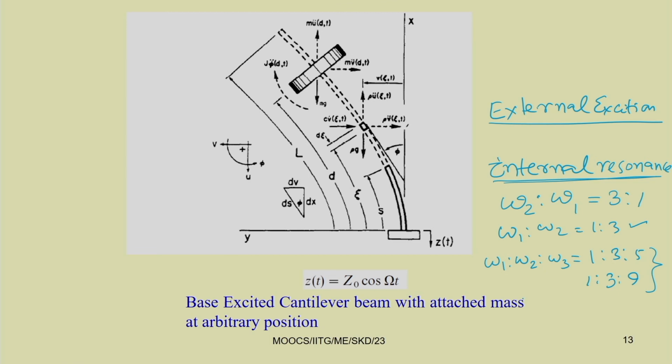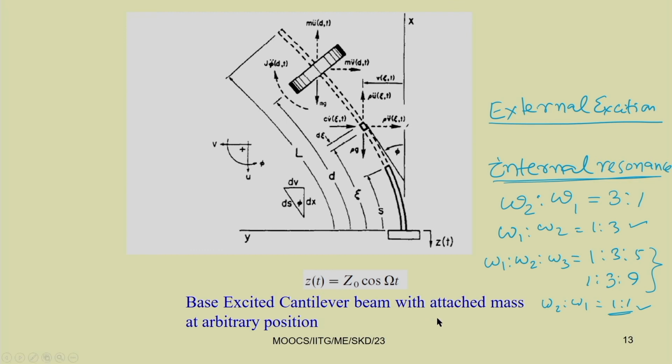Sometimes in many papers you can find omega 2 to omega 1 equal to 1:1 also. In that case it is 1:1 internal resonance condition, which will occur if you have a coupled beam or a square beam. In the square beam, in both the directions the natural frequency will be the same, so omega 2 to omega 1 can be written as 1 is to 1.